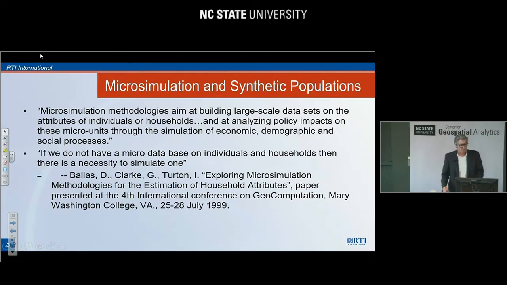So just some overview, definitions and background. Microsimulation, in other words, the simulation of society at a very fine level of detail, like individual people, how they react to each other in the environment. These methodologies aim at building large-scale data sets on the attributes of individuals or households, analyzing public policy impacts on these microunits through simulation of economic, demographic, and social processes.